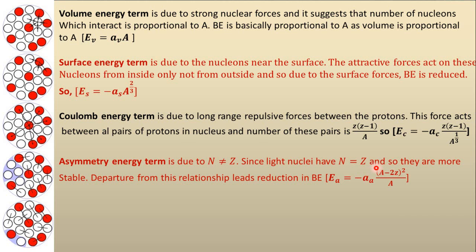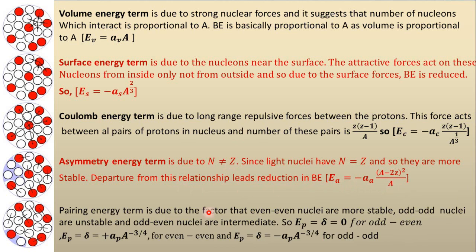The light nuclei having equal numbers of protons and neutrons are more stable, and as we move further, the atomic number increases, so N is no longer equal to Z. Due to this departure from this relationship, it leads to a reduction in binding energy. So this term will be minus a_A (A minus 2Z)² upon A.